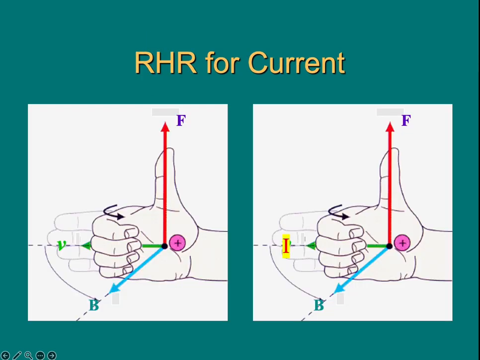All we need to do by switching from one particle to current is to point our forefingers in the direction of current instead of pointing in the direction of particle velocity, positive particle velocity, which makes sense because the direction of positive particle moving gives us the direction of current.